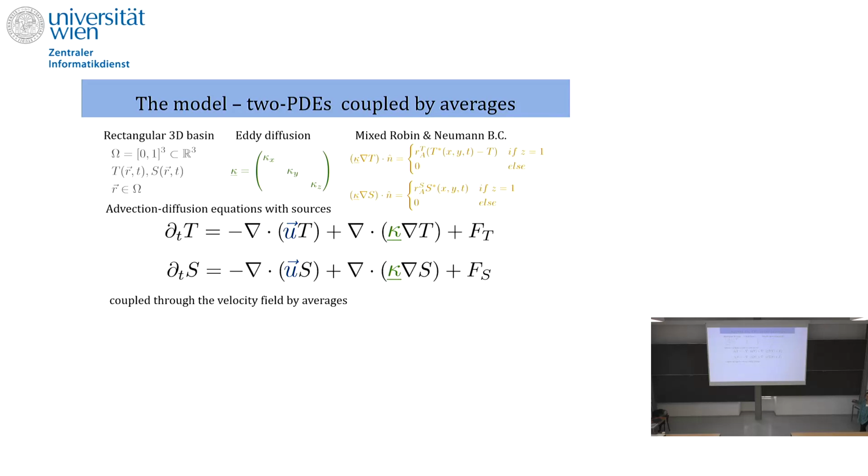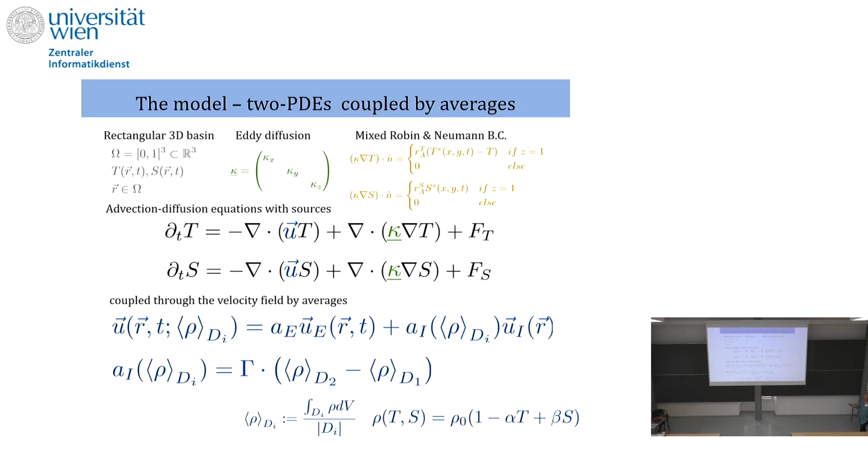It is bigger in the horizontal plane than the vertical plane, with mixed boundary conditions for the temperature and the salinity. And it is coupled to the velocity via the averages. So it is an integro-differential equation, right? Nonlinear integro-differential equations, which are coupled together.